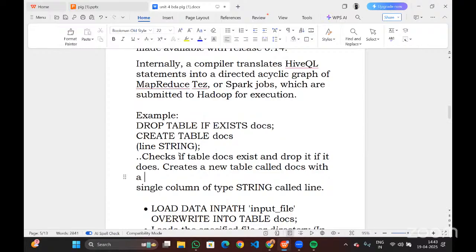Next, you are going for the next command, that is, create a table with some name. Create table.